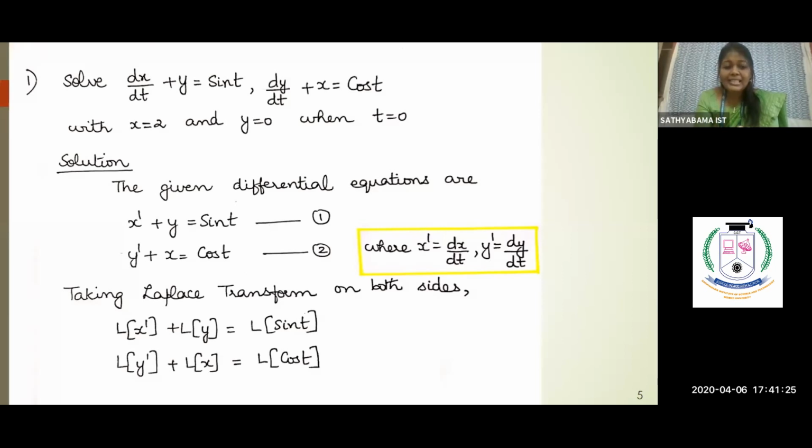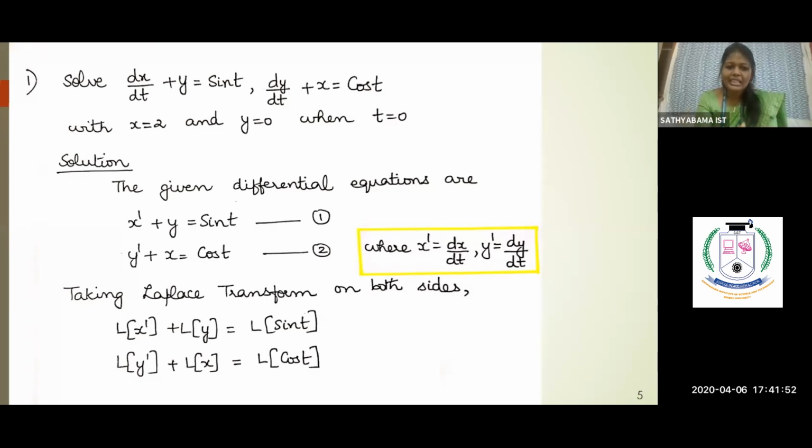When I say x is 2 when t is 0, I mean x of 0 equal to 2. Similarly, when I say y is 0 when t is 0, I mean y of 0 is 0. Because here x is nothing but x of t.